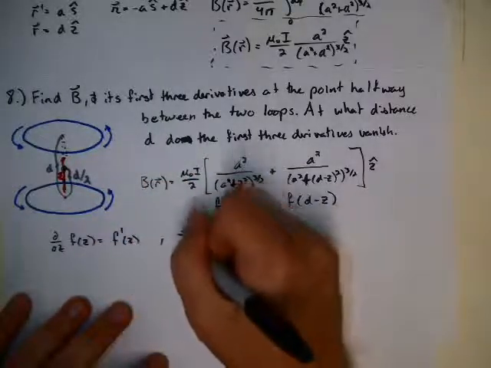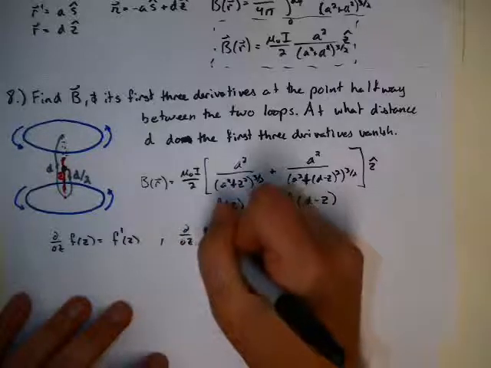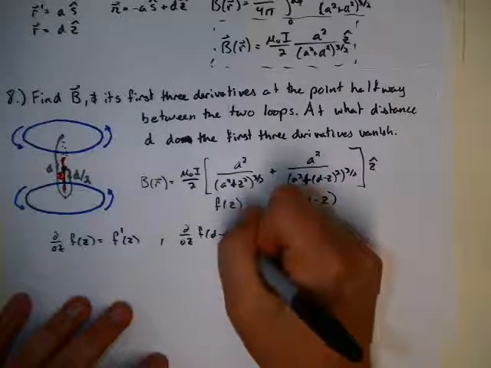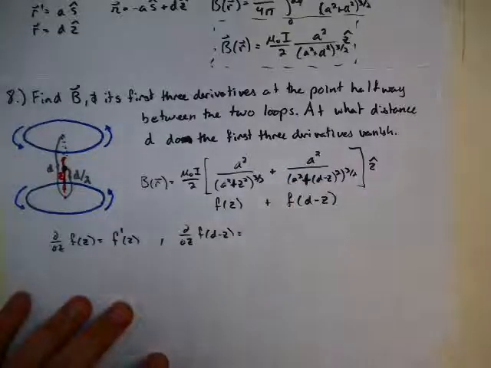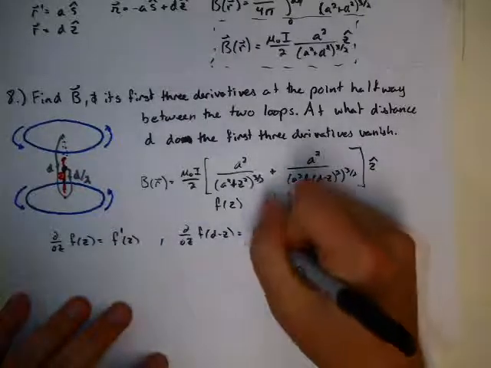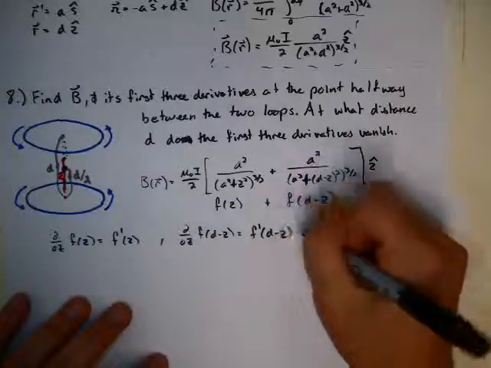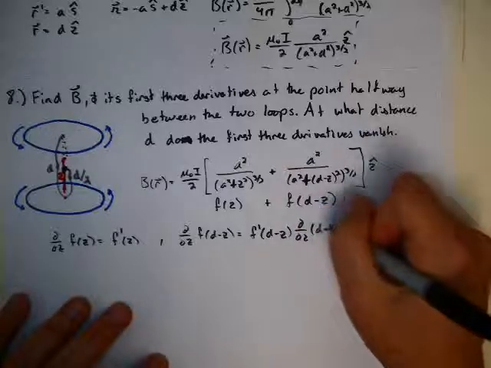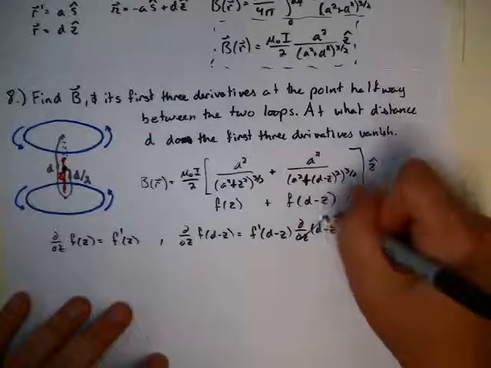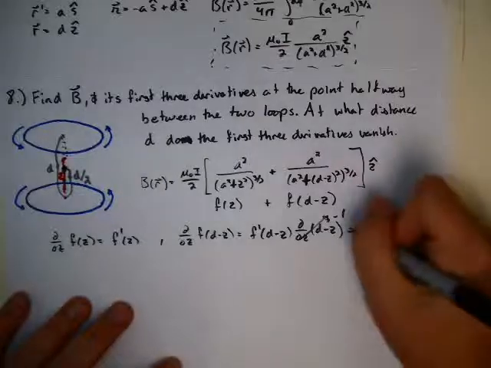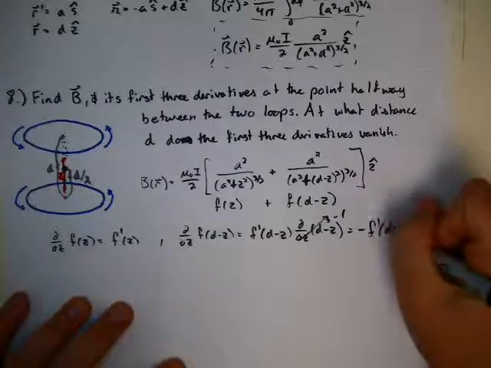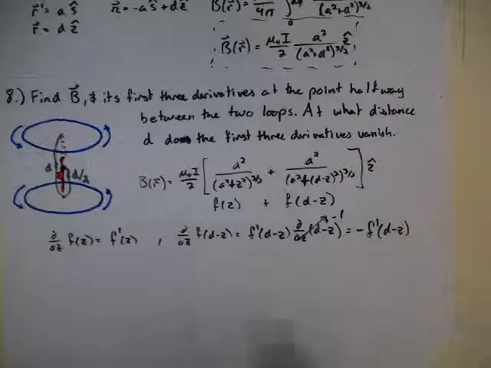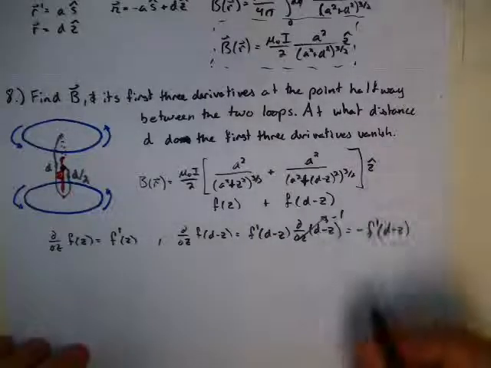When I look at partial derivative in z of f of quantity d minus z, by the chain rule, this is going to be f prime evaluated at d minus z times the partial derivative of what was inside. But the derivative here is just minus 1. And so this is going to be minus f prime evaluated at d minus z. And I can use this symmetry to help us out when evaluating this situation.